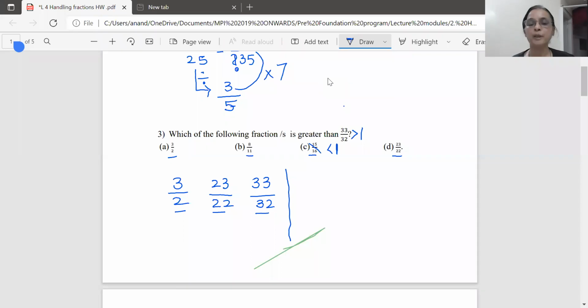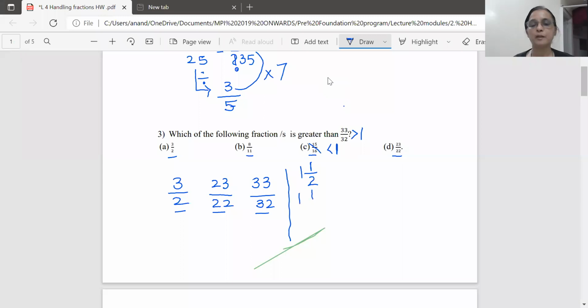Suppose I convert each of these fractions into a mixed fraction. That is, 3 upon 2 will become 1 integer 1 upon 2. Then 23 upon 22 will become 1 integer 1 upon 22. Correct?